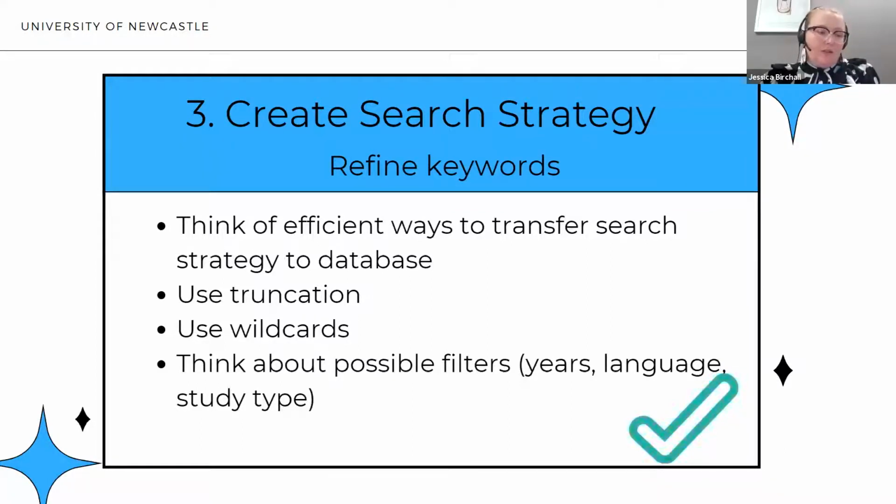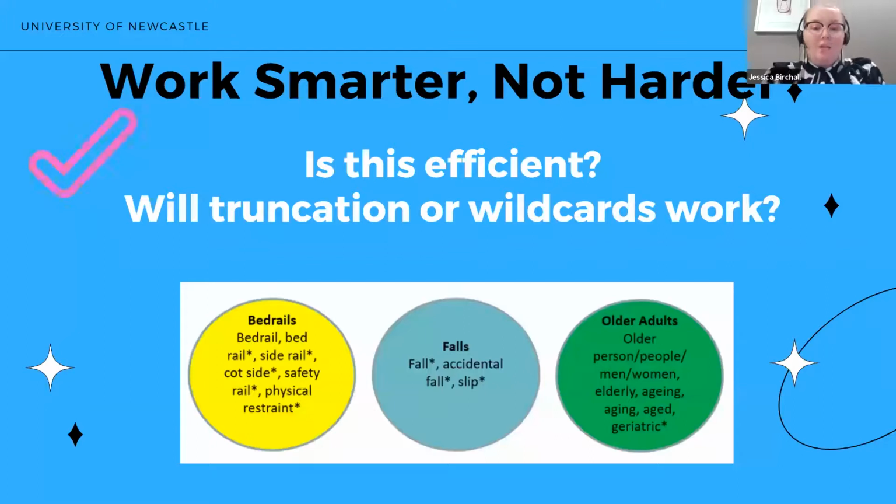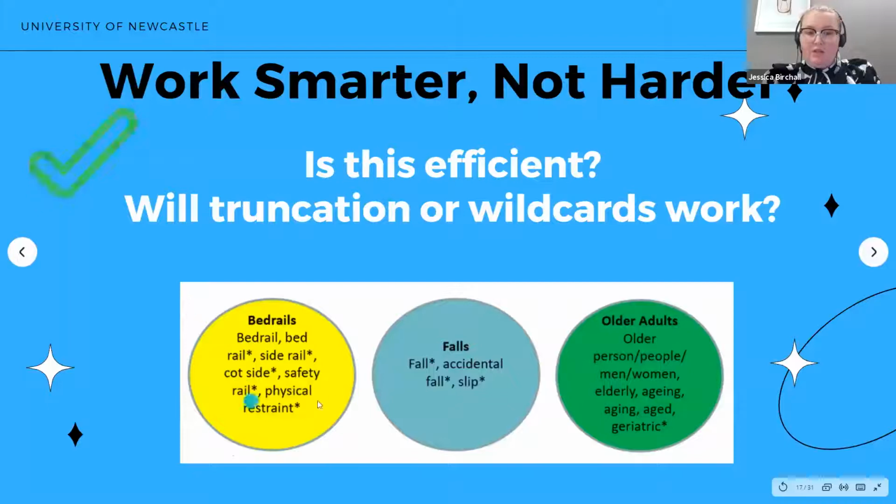While you're drafting this list, it's a good idea to think about the most efficient way to enter this into a database. So think about truncations, wildcards, and possible filters that you could use when doing your search. For our question, we've separated the question into the different topics. We're building up a list of synonyms.